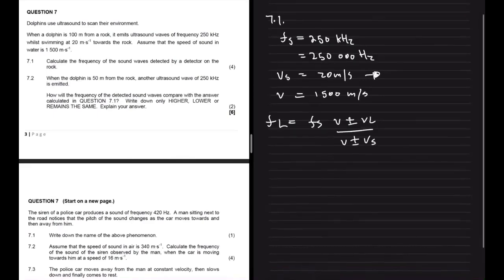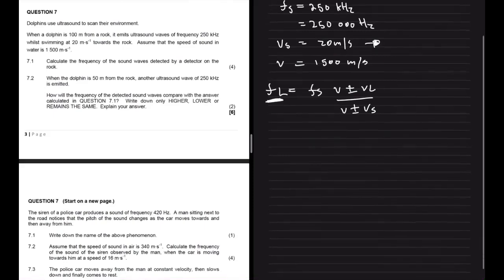So we are interested in finding FL. We have everything else. So in this case, it's just a matter of subbing in what we have in the equation. So we're going to have frequency of source is 250,000 hertz multiplied by 1,500, the speed of sound in water. And then the listener is stationary, so you can have plus or minus 0, it wouldn't matter.